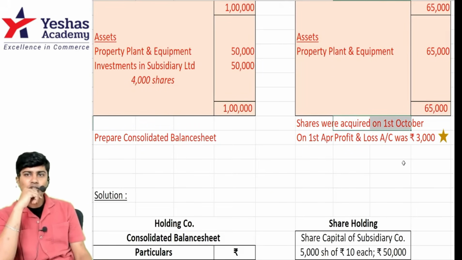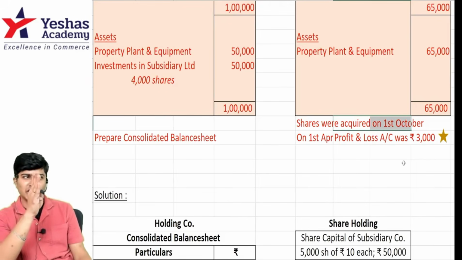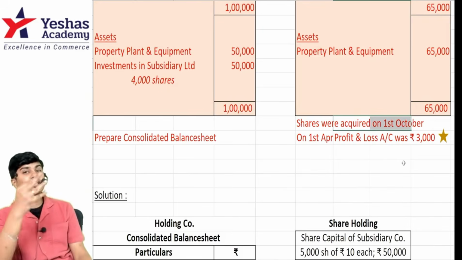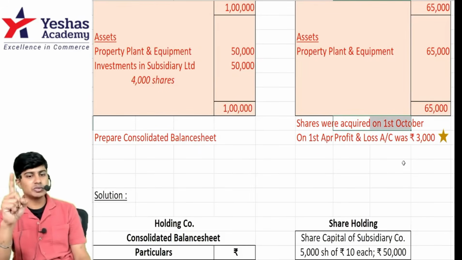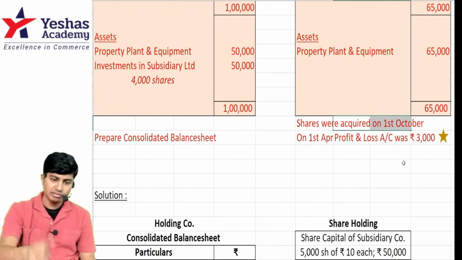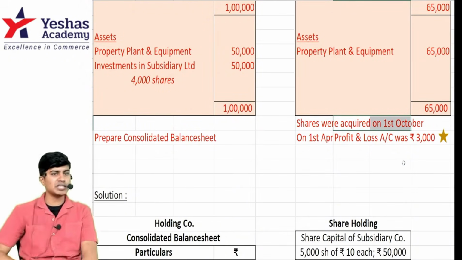Am I right? So, till which date the profits earned are pre-acquisition? Till 1st of October, whatever profit was earned was pre. What is post-acquisition profit? Profit earned after. Once again, I want you to remember this very clearly. Right there, below the two lines of question, you have little space.